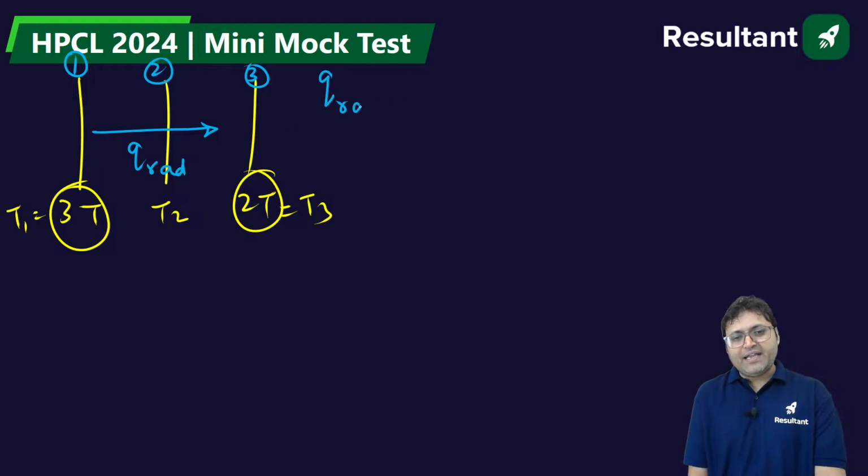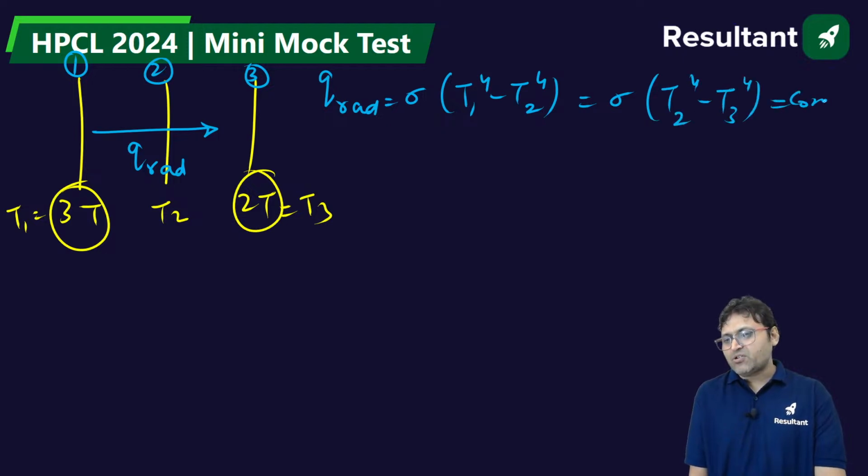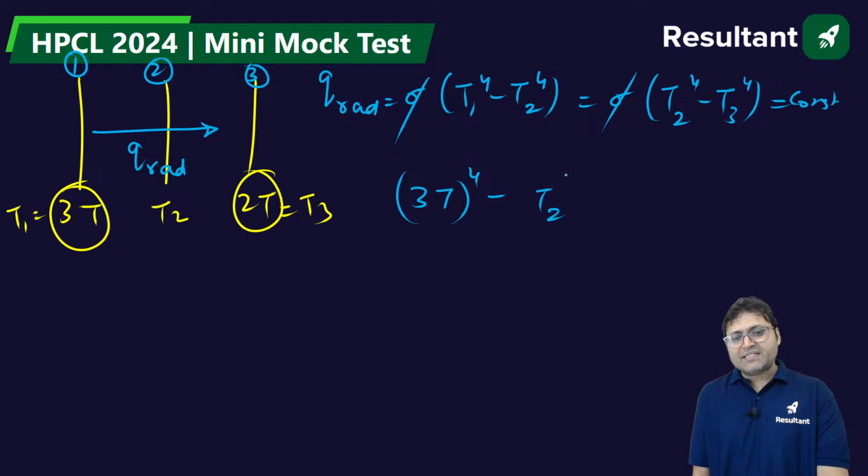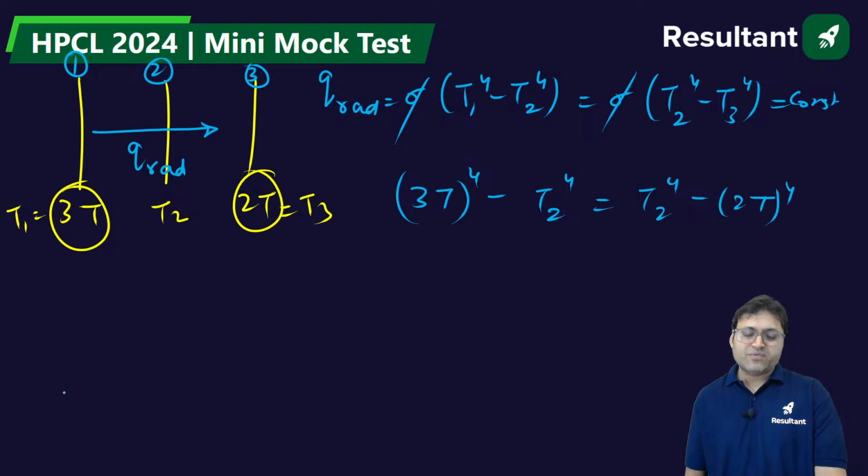So Q radiation is equal to sigma into T1 to the power 4 minus T2 to the power 4, which should be equal to sigma into T2 to the power 4 minus T3 to the power 4, as it remains constant. Sigma getting cancelled out. So 3T to the power 4 minus T2 to the power 4 is equal to T2 to the power 4 minus 2T to the power 4.